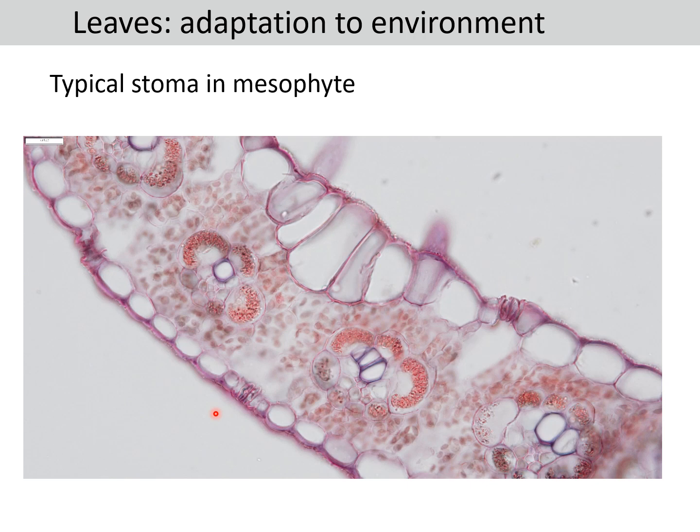Another important adaptive character is the typical stoma. In mesophyte, they usually have typical stoma. The typical stoma is the stoma that is located at the same level of the epidermis. Here, this is the epidermis and this is the stoma. This is the stoma that is located at the same level of epidermis, we call typical stoma.